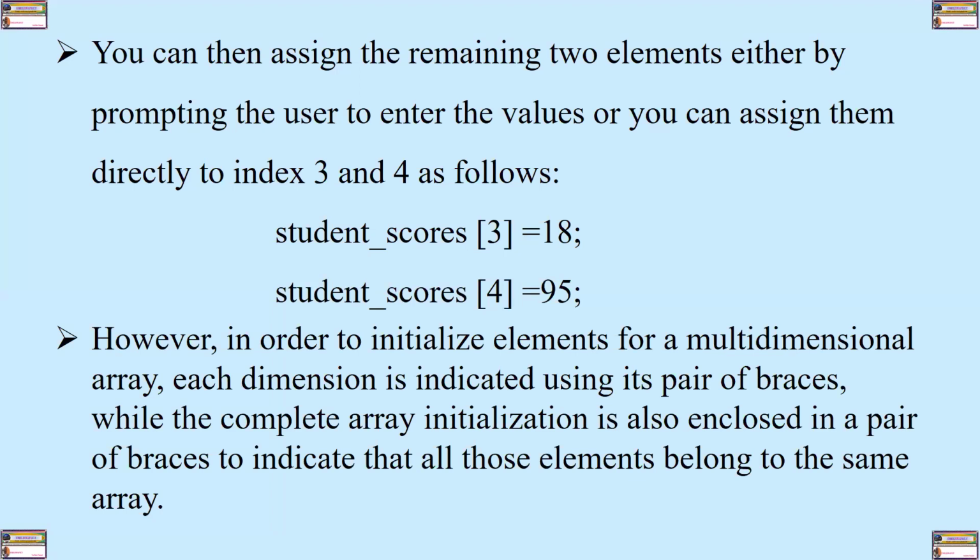However, in order to initialize the elements of a multidimensional array, each dimension is indicated using its own pair of braces, while the complete array initialization is also enclosed in a pair of braces to indicate that all the elements belong to the same array. Therefore, the syntax for initializing a multidimensional array is as follows.